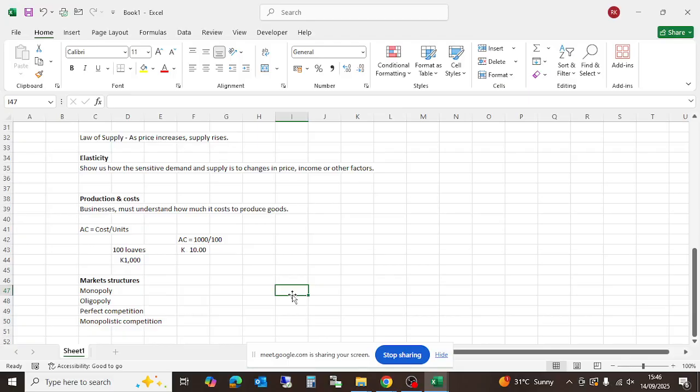An example is restaurants. They are all serving different food. They are competitors, but they are serving different food. We might have Zest, which will give you nshima and eggs and whatever. And then we have Monadi Cafe, which will focus on tea, bread, and some fancy things. You notice that they are supplying different products. They are practically monopolies in their own fields, but they are still competing because it's all food products.